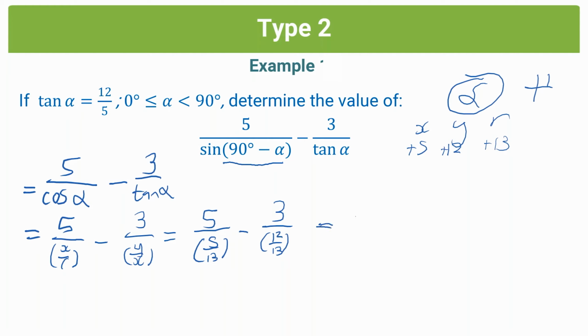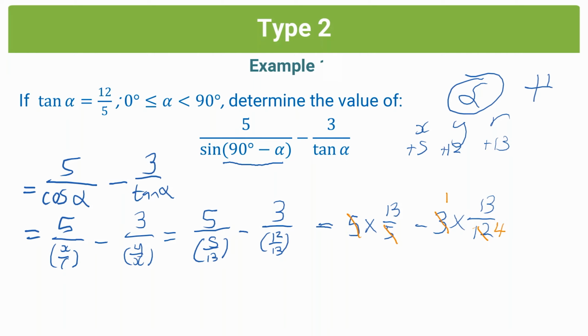We can say that's going to be 5 multiplied by 13 over 5, minus 3 multiplied by 13 over 12. Now we can do a bit of cancelling here. We can cancel that 5 with that 5 there. 3 can cancel with 12, and that becomes 1 over 4.